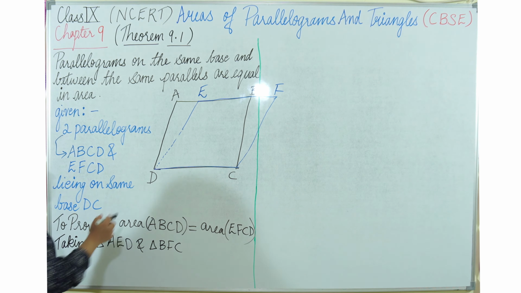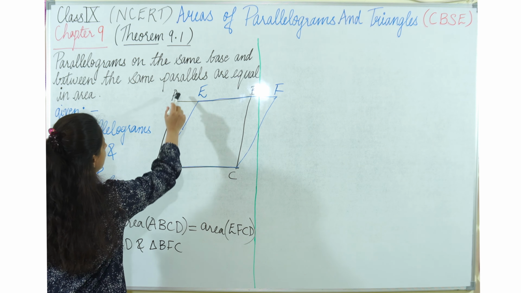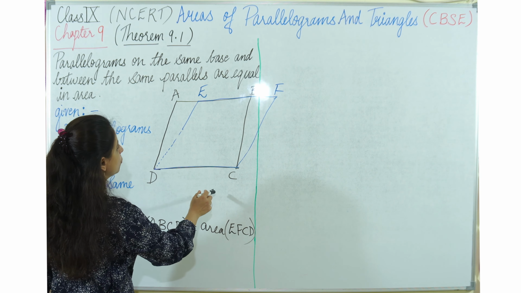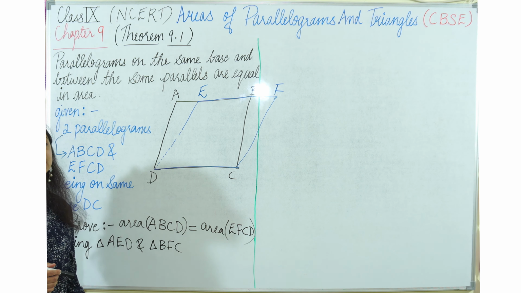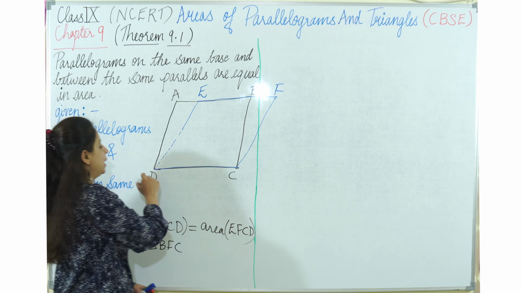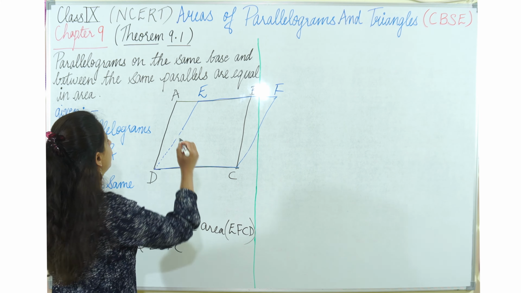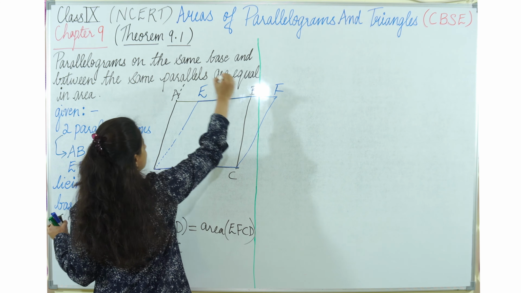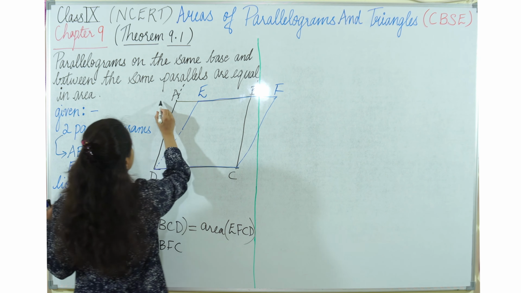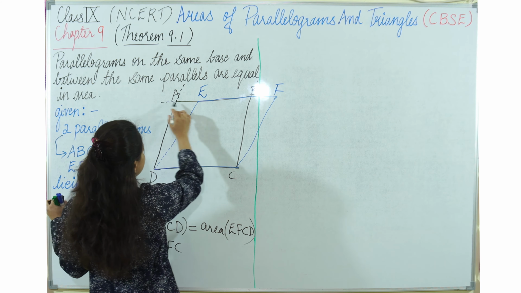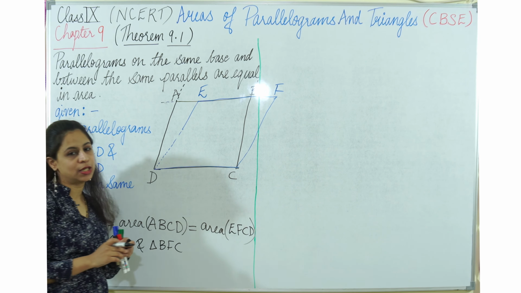Okay, so we can clearly see over here AD is parallel to BC, because ABCD is a parallelogram. And if we extend it like this, we can clearly see that AF is the transversal.